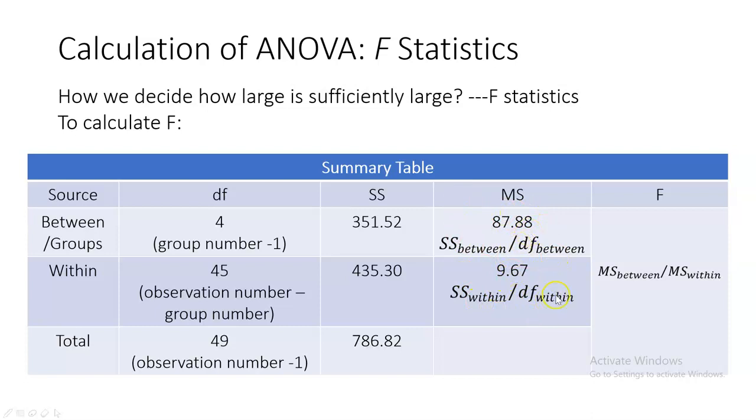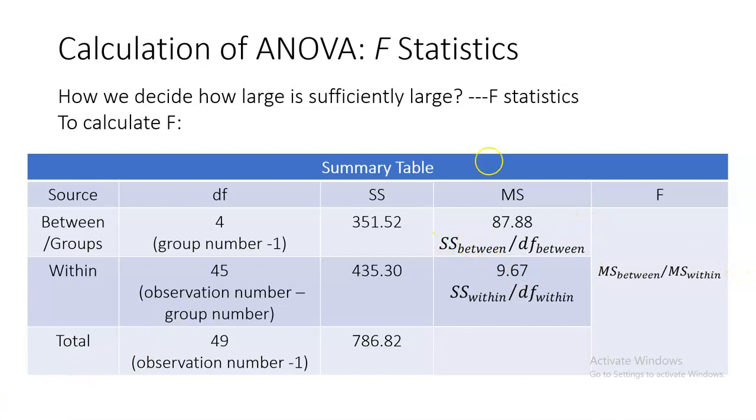Okay, and the last step is how to calculate this F value. Eventually, we got here. Remember, the F value stands for to what extent this value is larger than this value. So what we are going to do is take the ratio between this cell, the between MS, and the within MS, and then we're gonna obtain an F value for our question.